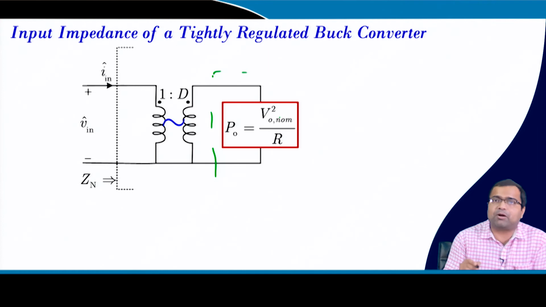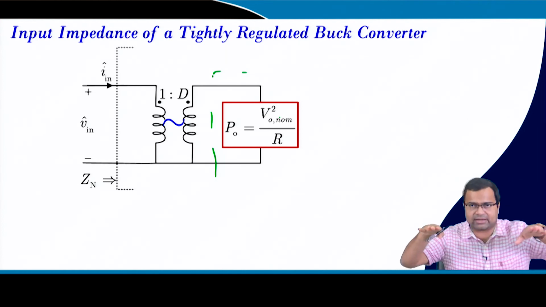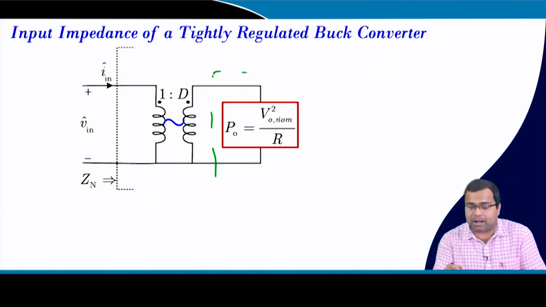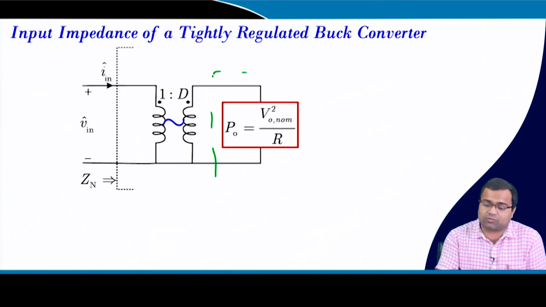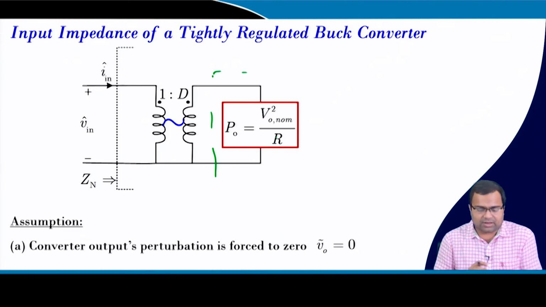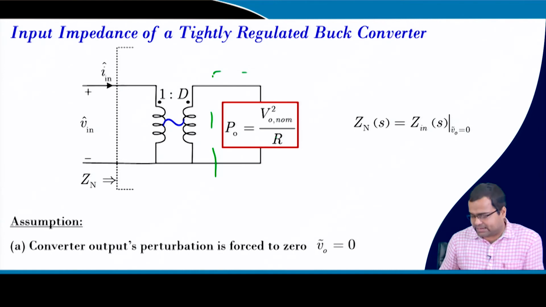So, this constant power is nothing but because the voltage is regulated at its nominal value, and what is the power? It is V0 nominal square by R, because R is the actual load resistance. So, we can force it to 0, then Zn can be identified.